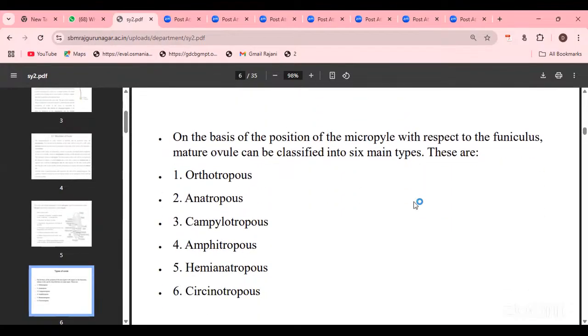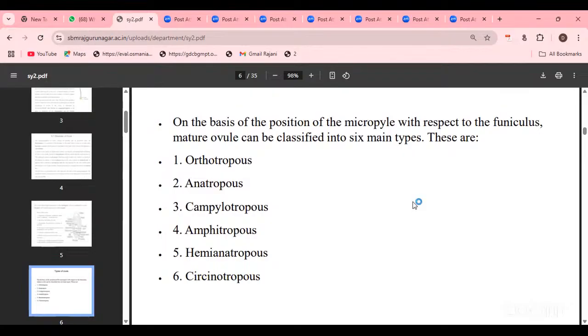Next, types of ovule. On the basis of the position of the micropyle with respect to the funicle, a mature ovule can be classified into six types.